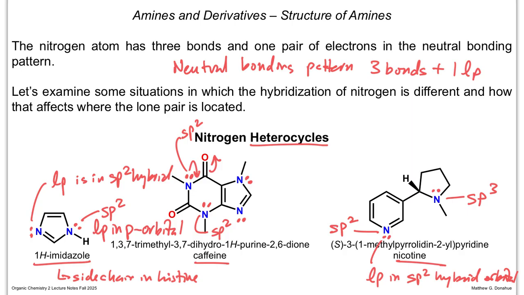So the point of this is, if the electrons reside in a p orbital, they are not available to act as a base. So they either have to be in the sp3 hybrid orbital or in the sp2 hybrid orbital.